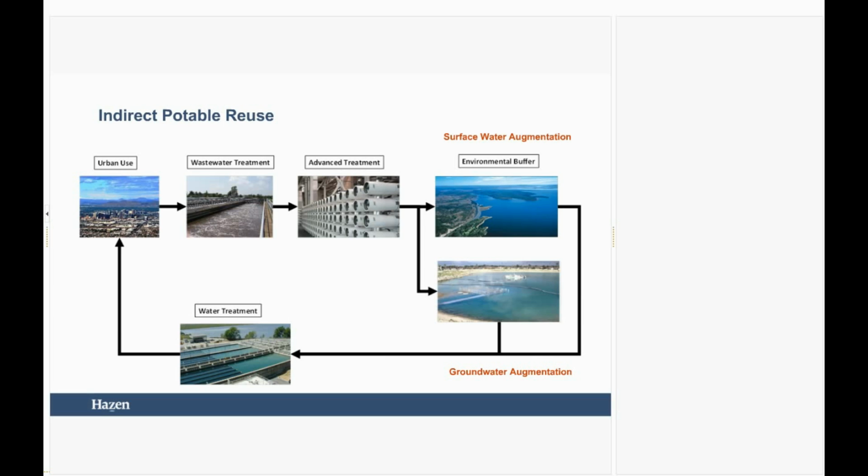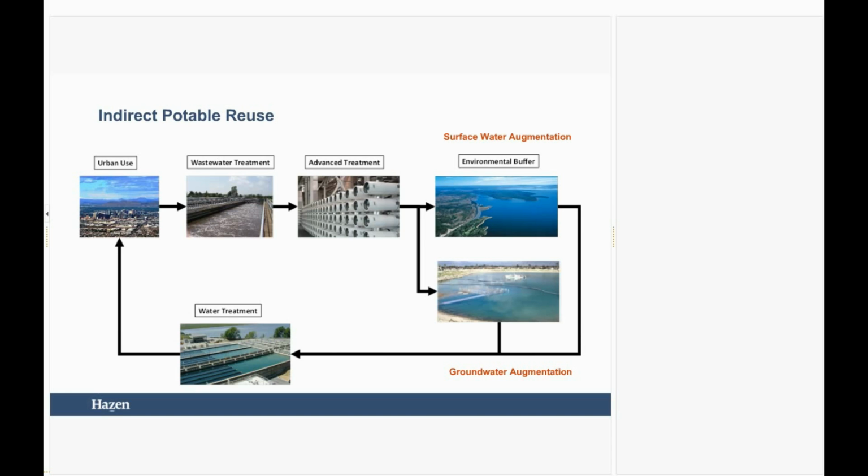Now, don't be put off by the fact that I have a picture of reverse osmosis there. It doesn't necessarily have to be that process, but there are advanced treatment processes that minimize the risk of pathogens, remove chemical risk as well, and then produce a water that is sent in some way to the environment. There's an environmental buffer either in a reservoir or by reinjection into groundwater. And that's a definition of an indirect.